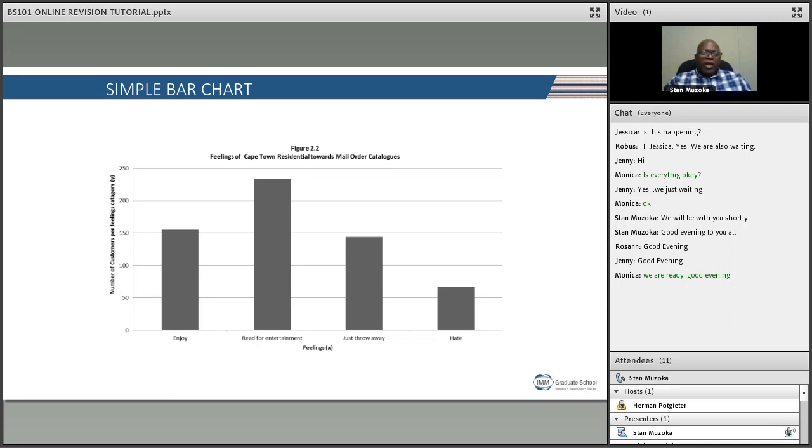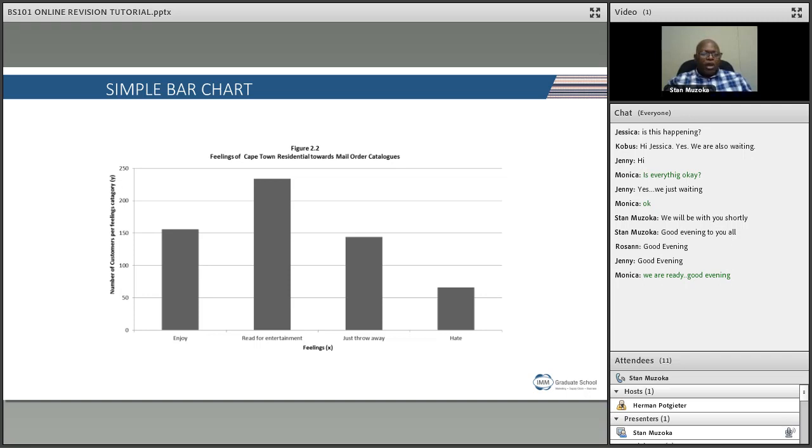May I mention here that if you are going to present data in any one of these forms, you must always have a heading, and label your axes.